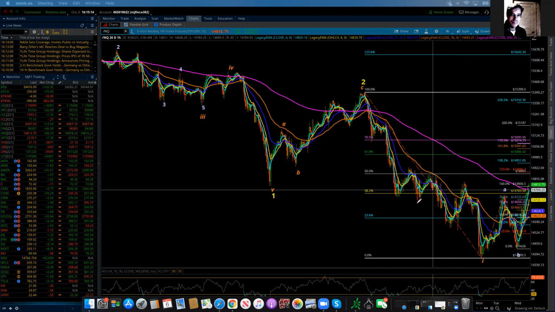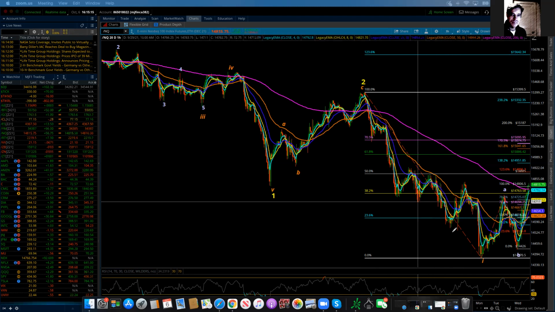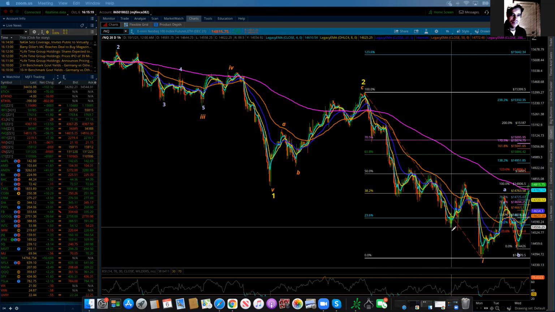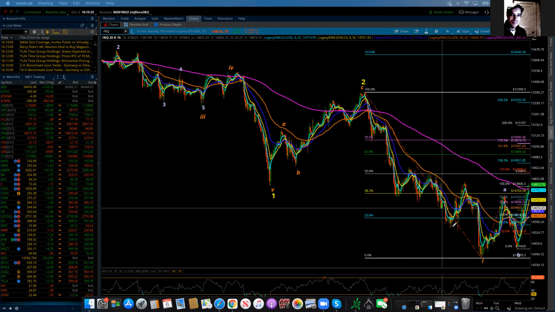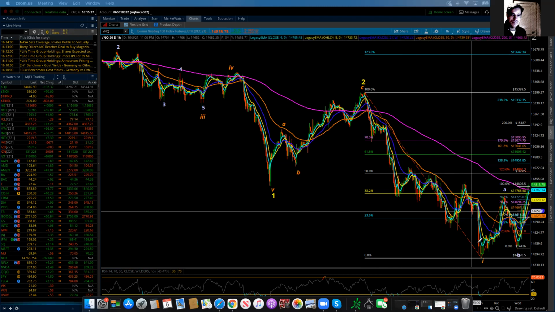but it ended up being the minute fifth wave, or subminute fifth wave within that minute 3. And then we had a 4, and then we had a 5.